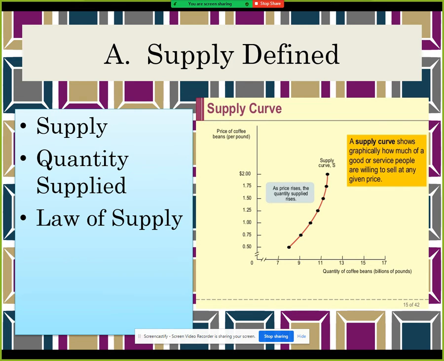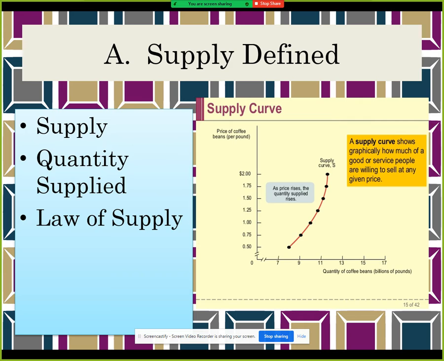Now, yesterday we learned the law of demand, and the law of demand says what? Right, that as price decreases, quantity demanded increases, and vice versa. There's an inverse relationship; price and quantity demanded go opposite ways.